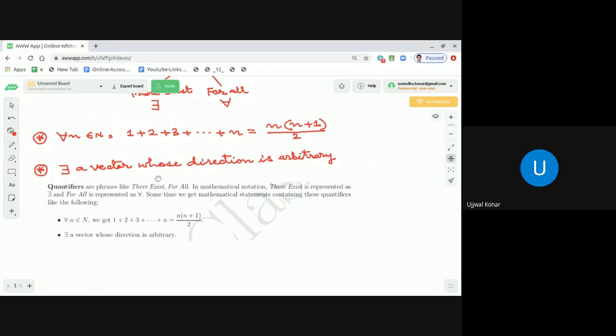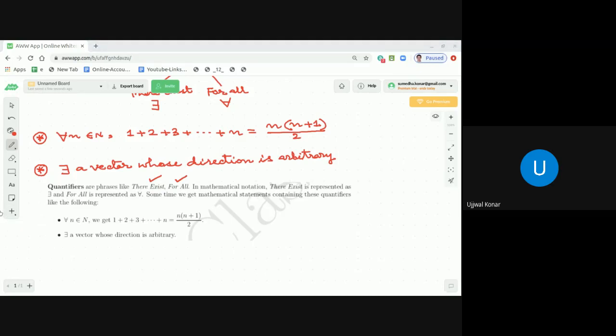These two are the quantifiers. And in mathematical notation, there exist is represented by the mirror image of E, and for all is represented by a flipped A. Sometimes we get mathematical statements containing these quantifiers, as I showed you, and here also it is written.